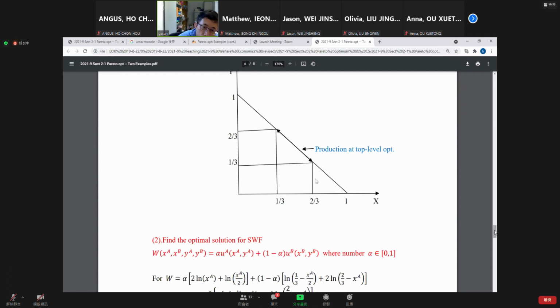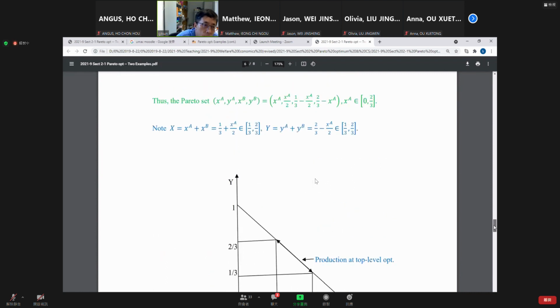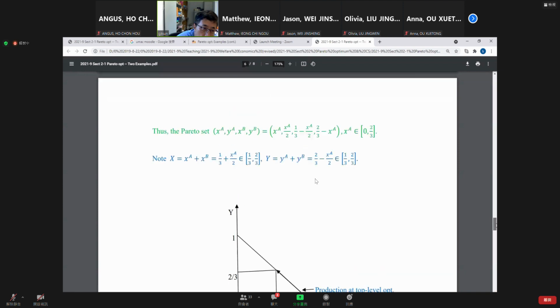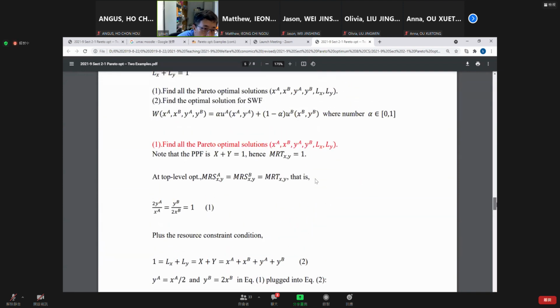Okay, so let me summarize. This is the top level set about how much to produce, basically running from this point to this point. So now let's turn to the so-called social welfare function, for how to organize consumption and production.